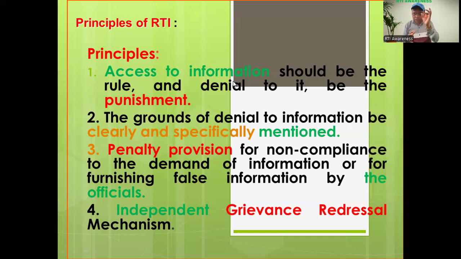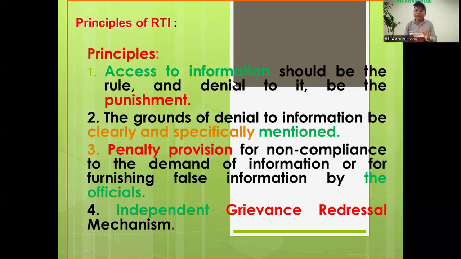Otherwise, we have to intimate the relevant cause or fact, why we are going to delay this information, or what time period we need, what the constraint is, what the barrier is to provide this information. We have to intimate the applicant very clearly. So this is the second principle of this RTI.